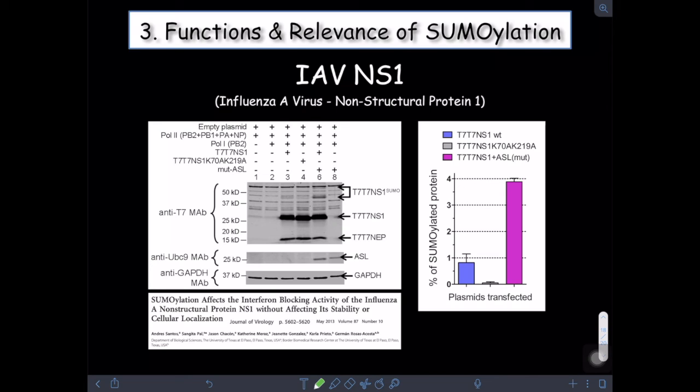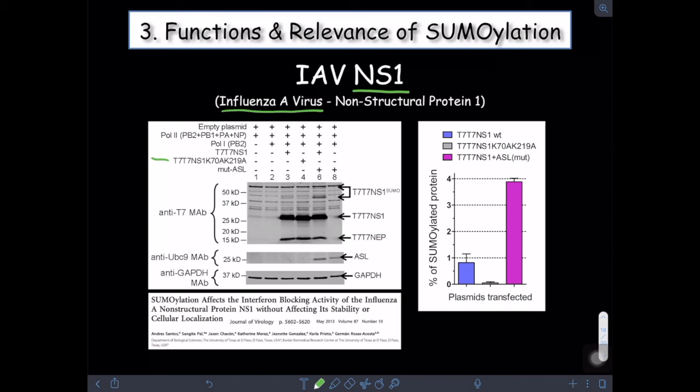These were studies that were carried out in my laboratory a few years ago. We were the very first group to identify NS1 as a target of the cellular SUMOylation system, and upon the initial identification of NS1 as a SUMO target, our next goal was to identify the specific lysine residues that were targeted for SUMOylation in NS1.